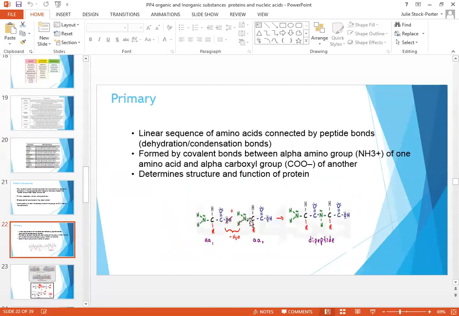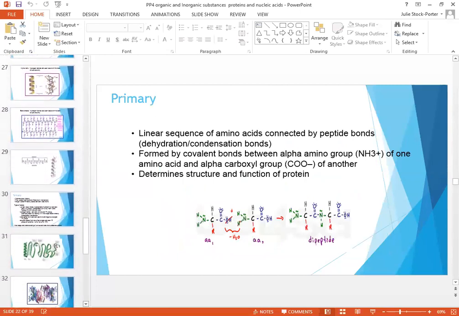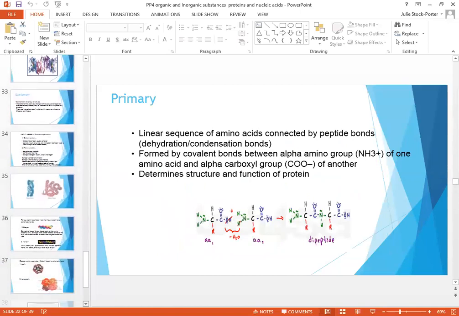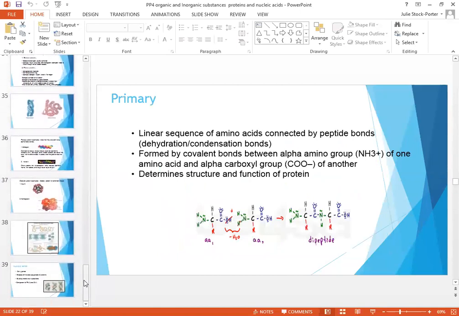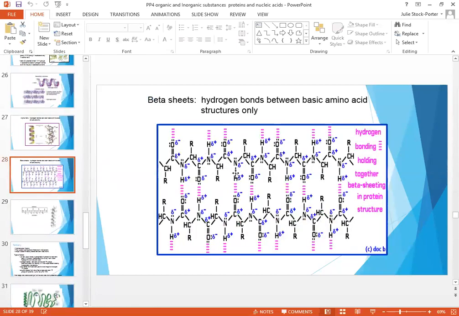That's how we make a primary protein. And when we are making a secondary protein, we're using not side-by-side, but adjacent, kind of up and down. Like here. And that's how we make a secondary.